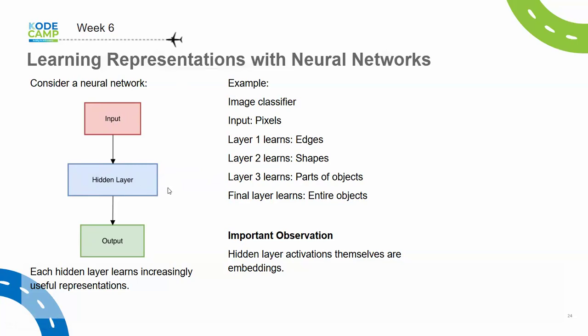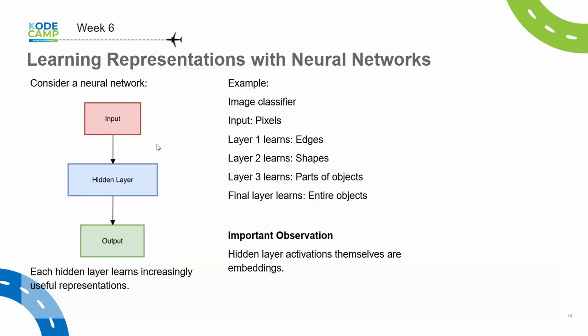You can have multiple hidden layers. Here it just shows one hidden layer. You can have a stack of lots of hidden layers. Each hidden layer learns increasingly useful representations of the original raw data that you have sent to it, of the meaning of the relationships in the original raw data, the relationships in the features and in the data set.